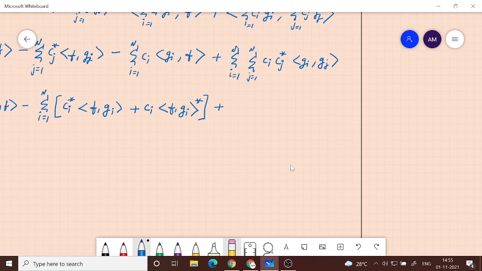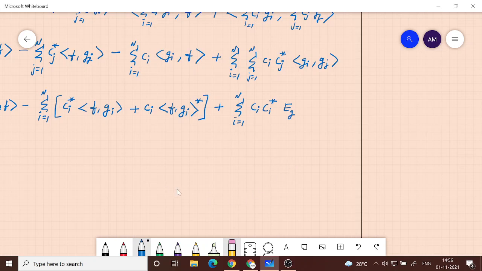So out of the n square terms, most of the terms are 0. Only the diagonal terms, that is when i equals j, are going to survive. So I can write i going from 1 to n, Ci, and that time j is equal to i, so I can write that with the same variable, Ci star, and the value is going to be Eg.